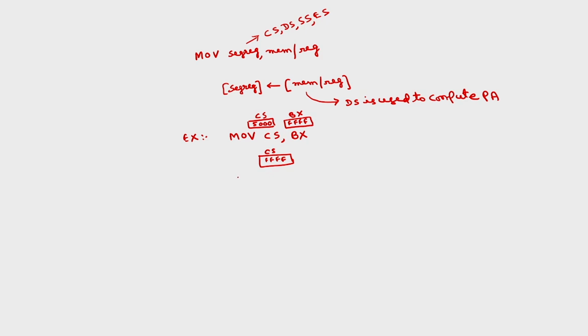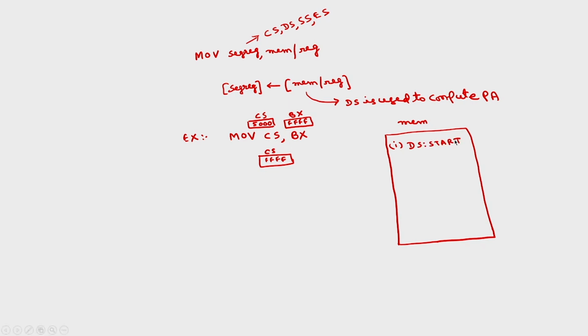Then from memory: yesterday also we discussed there are different addressing modes. Wherever the memory comes, that memory comes from one of these combinations. The memory options are: one, you can specify DS comma start in case of direct addressing mode, for which I gave the example in the last class.